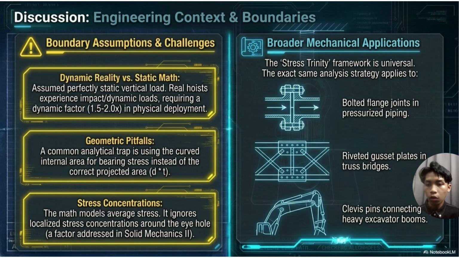Geometric pitfall: a common analytical trap is using the curved internal area for bearing stress instead of the correct projected area. Next, stress concentration. The model's average stress ignores localized stress concentration around the eye, a factor addressed in solid mechanics too.